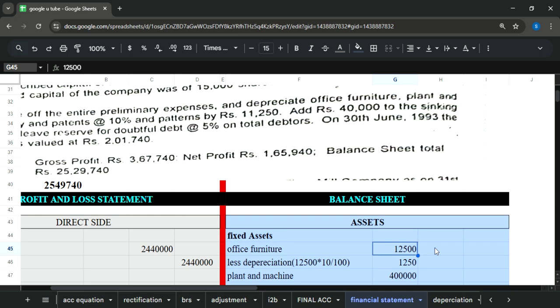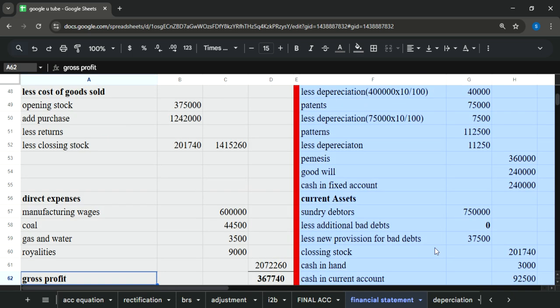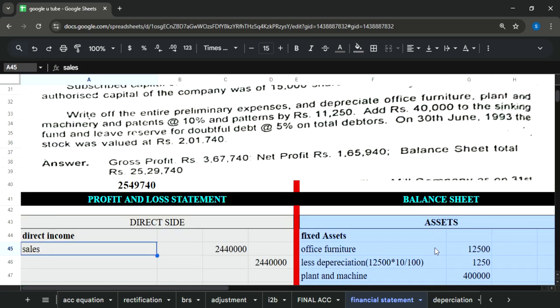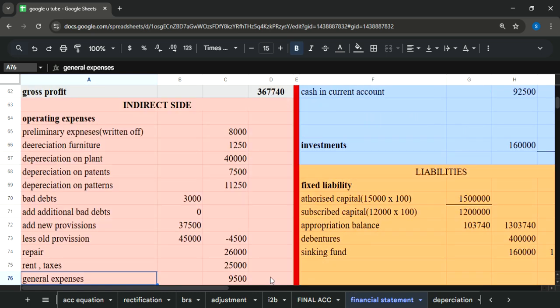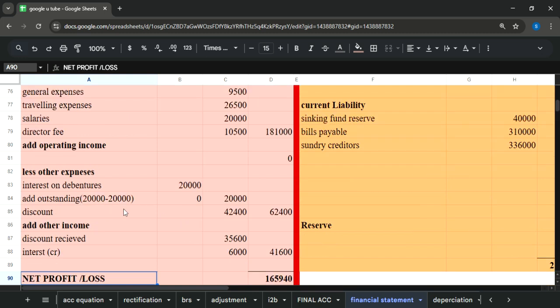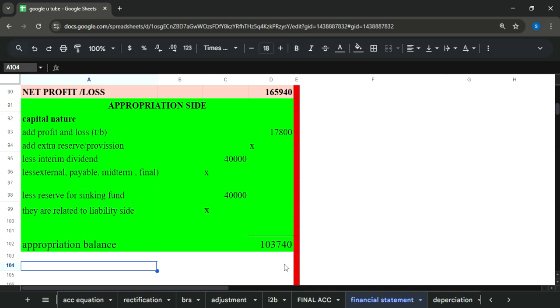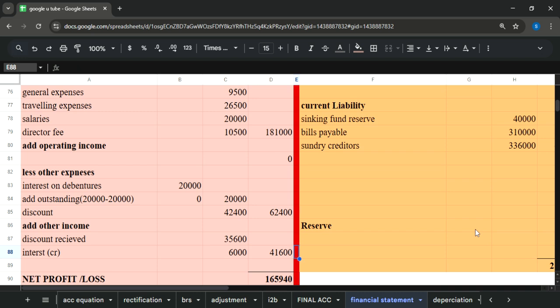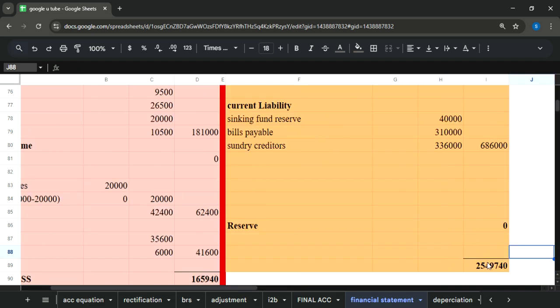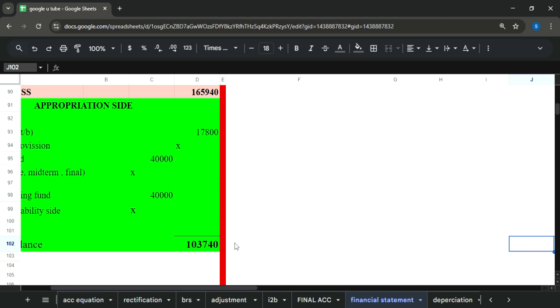What we have done up till now, 4 out of 5 completed. This was your direct side and you have calculated gross profit. Matched. This was your indirect side and you have calculated your net profit. Matched. This was your appropriation side, the answer was not given, but this balance was transferred to the liability side, and the liability side is completed. As you have seen, the answer is matched. It means this third appropriation answer is also correct.